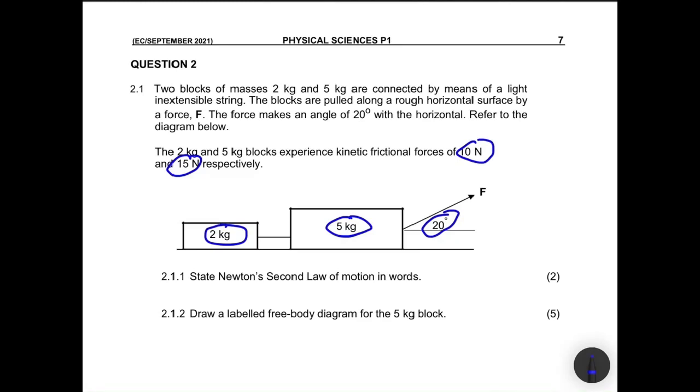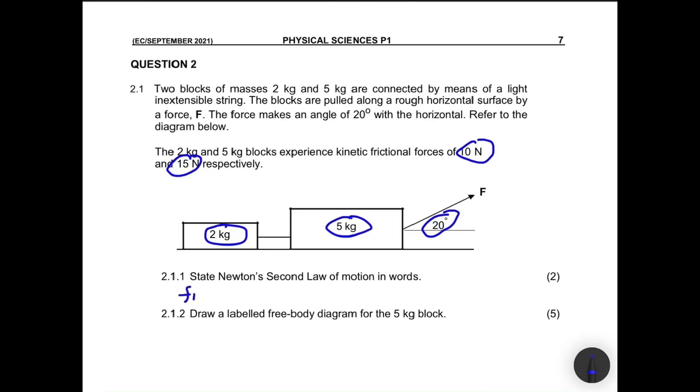And then the first question, 2.1.1, says let's state Newton's second law of motion. Again, Newton's second law of motion in words just states that when a non-zero resulting force is applied on an object, the object will accelerate in the direction of the non-zero resultant force with an acceleration directly proportional to the F net and inversely proportional to the mass, right?